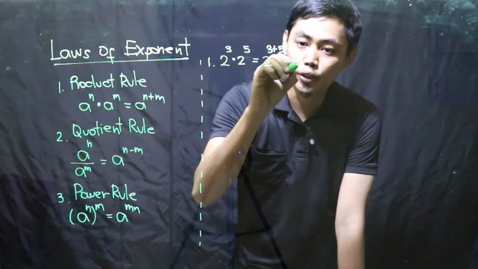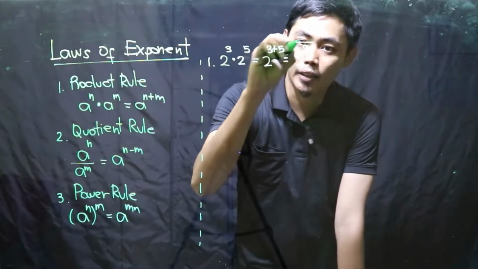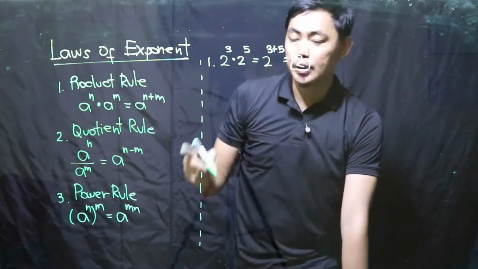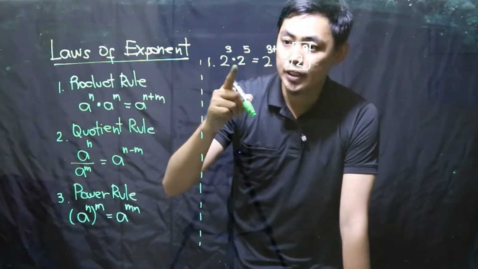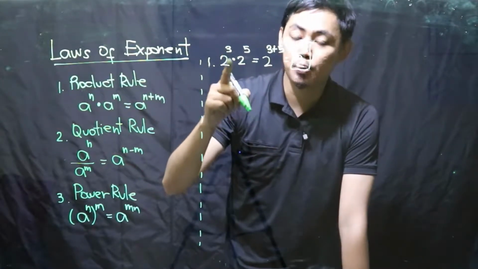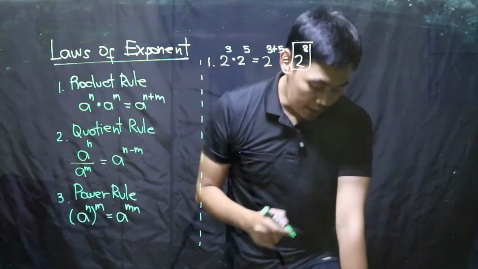This is equal further to 2 to the power of 8. So by the rules of exponent, the product rule states that if you have the same base and it is multiplied, then you can add the exponents.